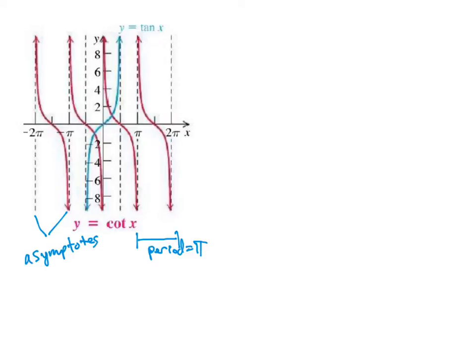A key thing to notice about a cotangent graph is that it decreases. Whereas a tangent graph is increasing, a cotangent graph is decreasing. Let's talk about the domain.